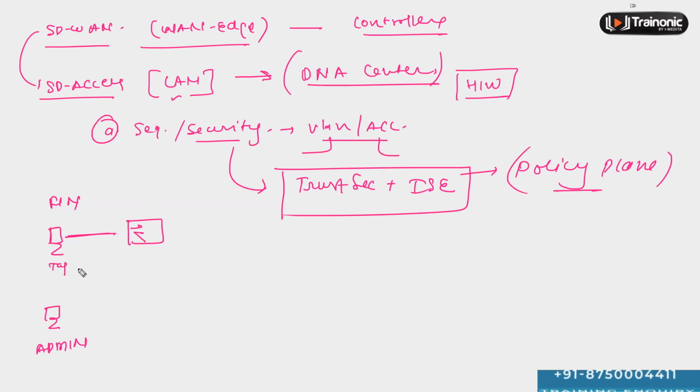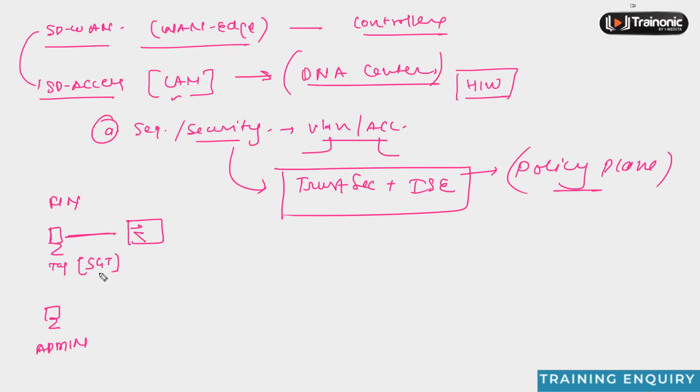We call that an SGT tag. We'll talk about that in detail as well later on. So after successful authentication, the user can be assigned some sort of tag value.